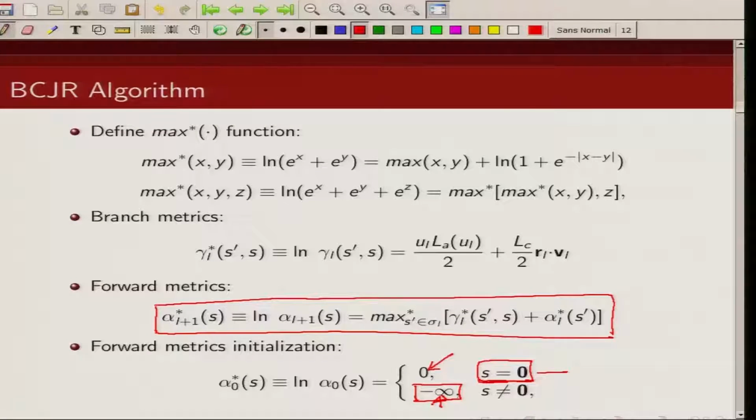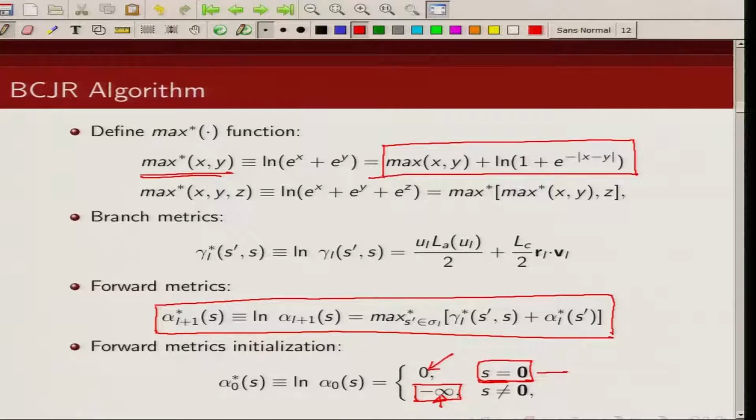Now if you are wondering why I am switching from the probability domain to this log domain, you can see that we have shown the max star operator can be very easily implemented, because it is just the maximum of x and y plus some correction term.